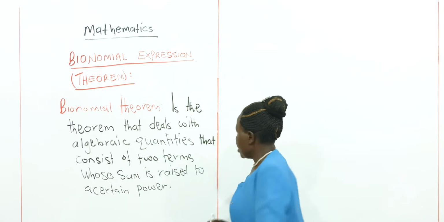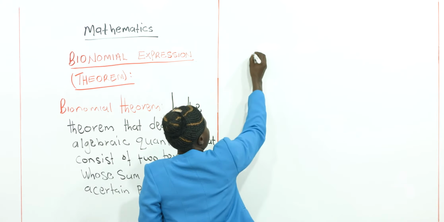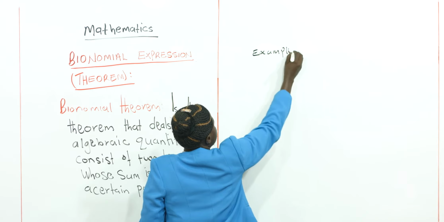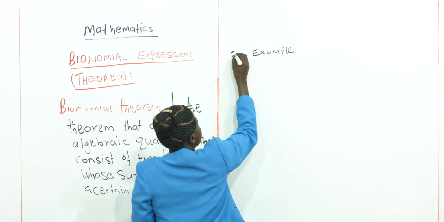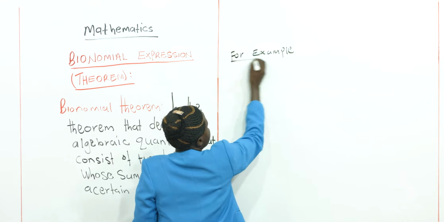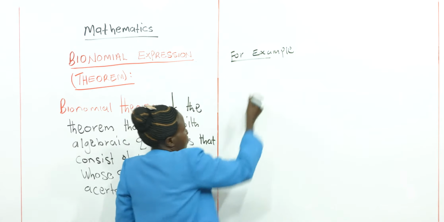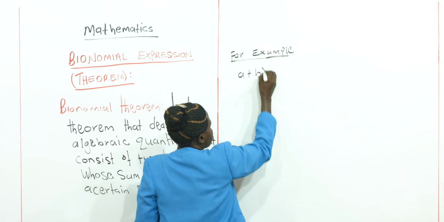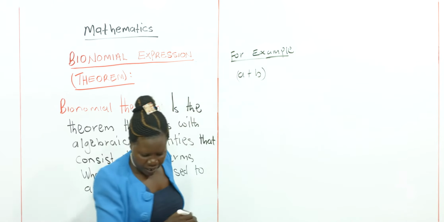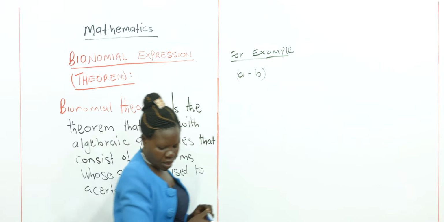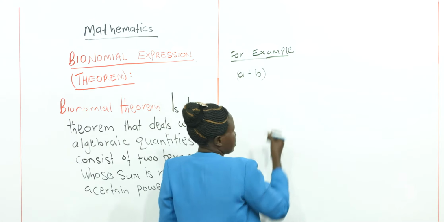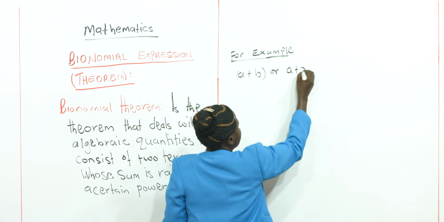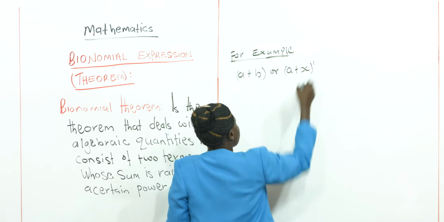For example, look at this. We can easily say we have a plus b, or a plus x, raised to 1.